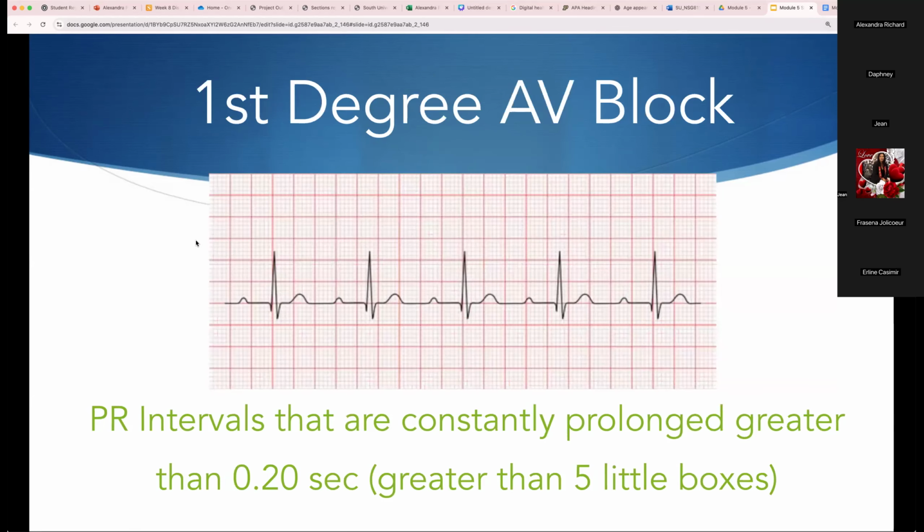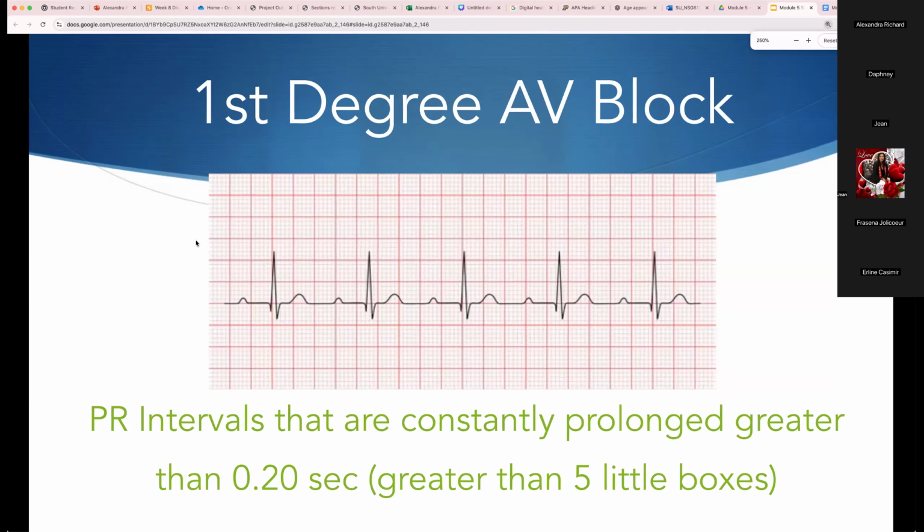I'm trying to make it a little bigger, but it won't. So tell me, what is the PR interval for this EKG?